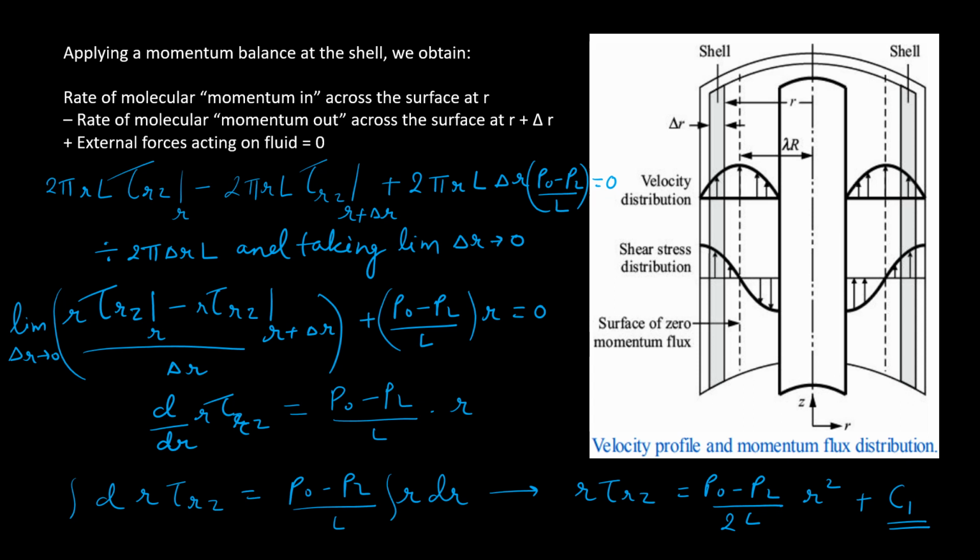If you see the diagram, at r equals λR, τrz equals 0 and velocity is maximum, while at kR and R, velocity Vz equals 0 and τrz is maximum.